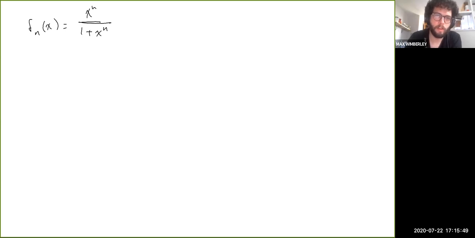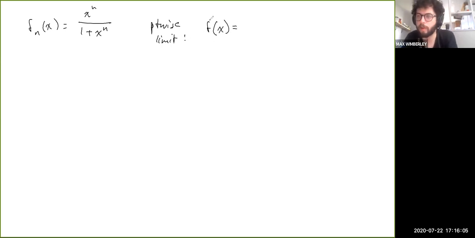Calculating the pointwise limit should be relatively straightforward. How would you describe the pointwise limit f? We're only considering x in [0, infinity), so don't worry about negative values of x.